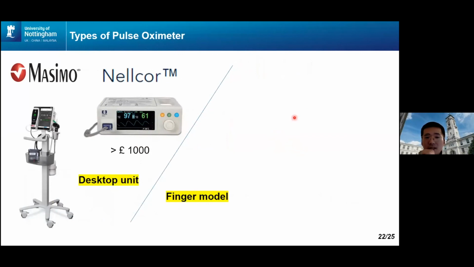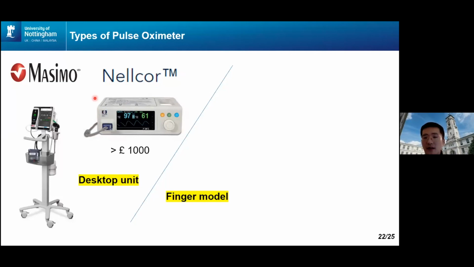This slide gives you some types of pulse oximeter. One type of commercial pulse oximeter is the desktop unit, which is quite expensive, and those are usually used in the hospital.